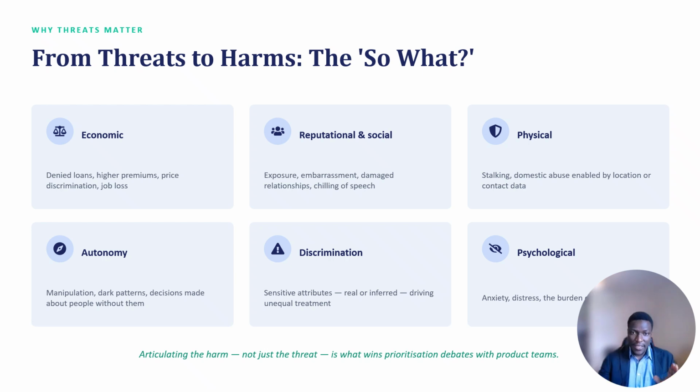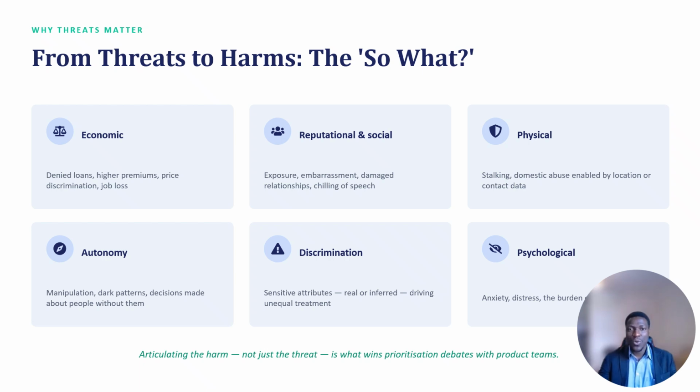Now, here's the professional payoff. When you can say this linking threat enables harm, for example, this linking threat enables economic harm to this specific user group, you win the prioritization debate, because it's no longer just a threat, but a threat directly linked to a harm that you can clearly name.